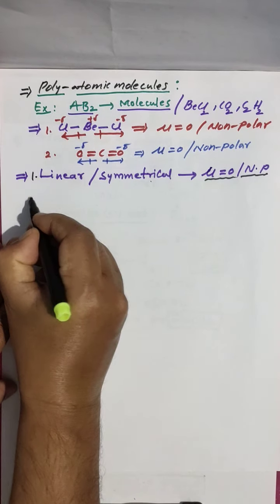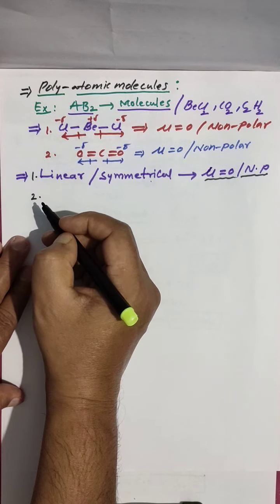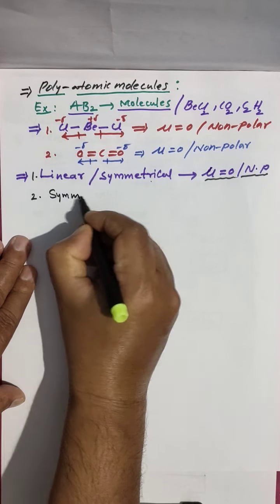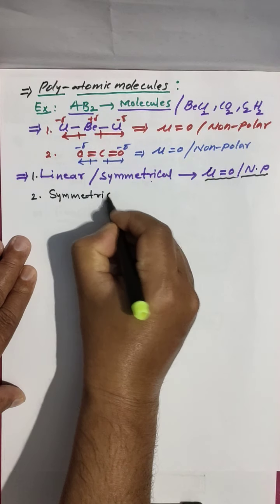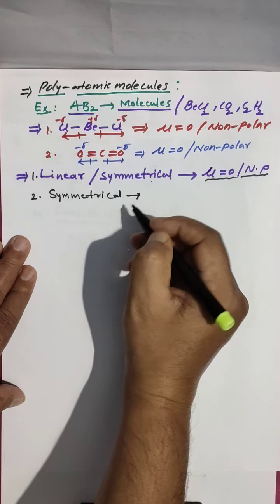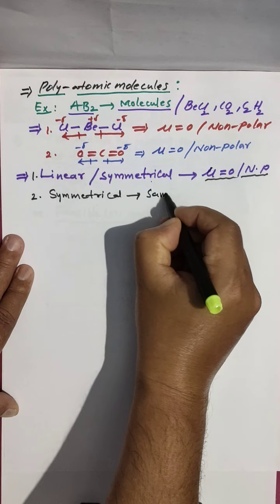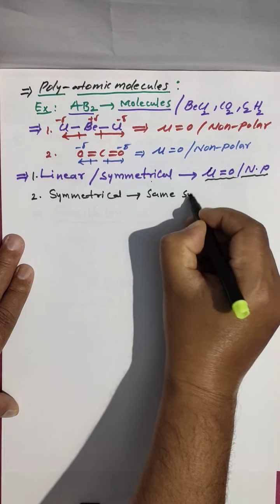And another thing I am explaining to you: a symmetrical molecule is one having the same surrounded atoms.